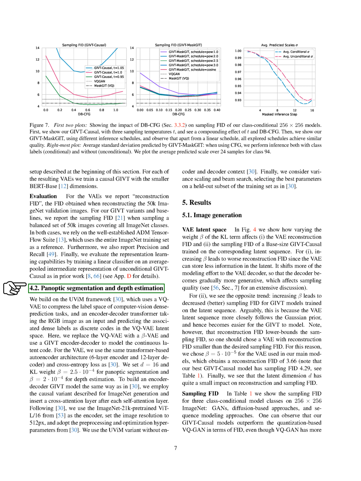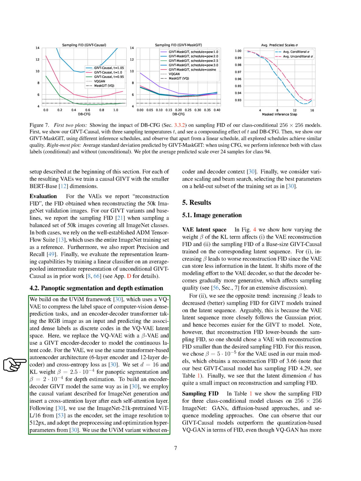Section: Panoptic segmentation and depth estimation. We're building on the UVIM framework, which is used to compress the label space of computer vision tasks. This framework uses a VQ-VAE and an encoder-decoder transformer that takes an RGB image as input and predicts the associated dense labels as discrete codes in the VQ-VAE latent space.